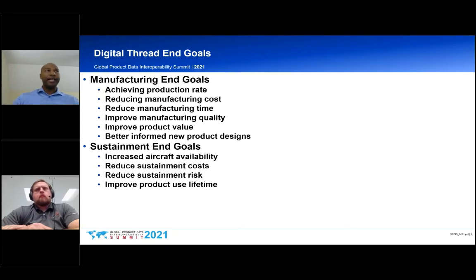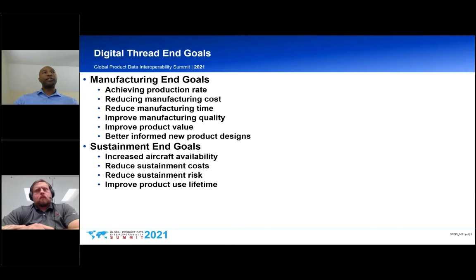And lastly, everything that you have learned throughout the digital thread process, since you can have this information in a state that is easy to do analysis on, can better inform your new product design so that the next product you develop is better than the previous.